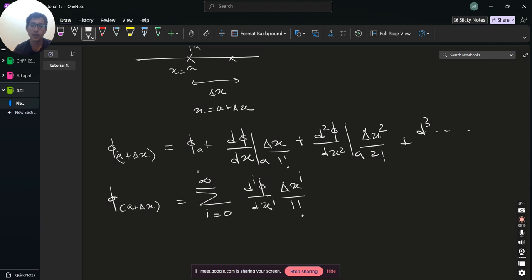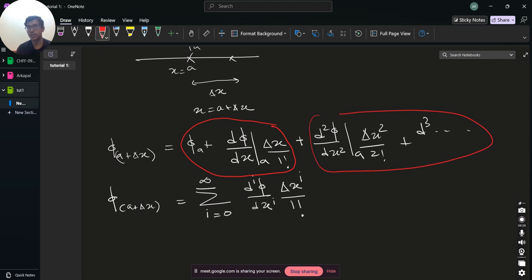Okay, but in general, if you looked at sir's lectures, you saw that we only take the first two terms, right? These terms become so small that they are generally neglected.